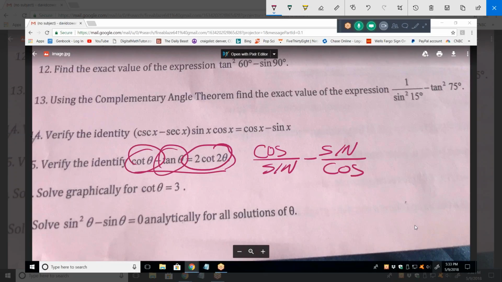Well, let's do the math. What's the common denominator? Cosine times sine. And the top would be cosine squared minus sine squared.